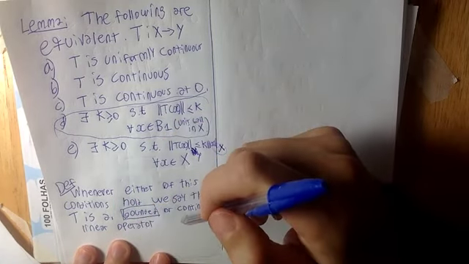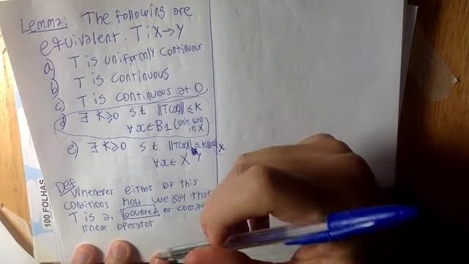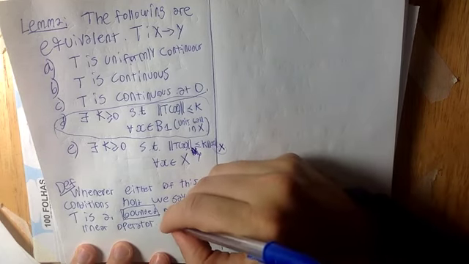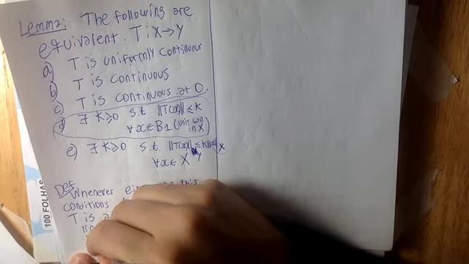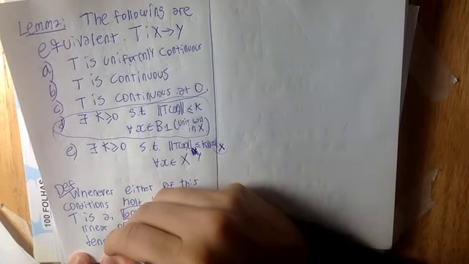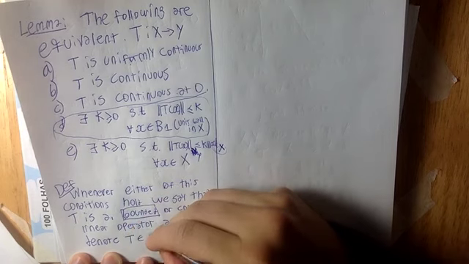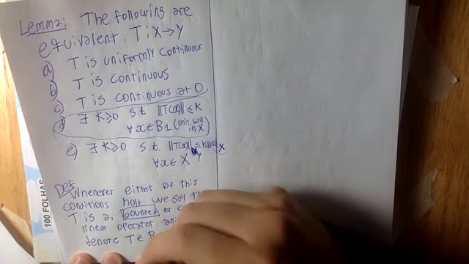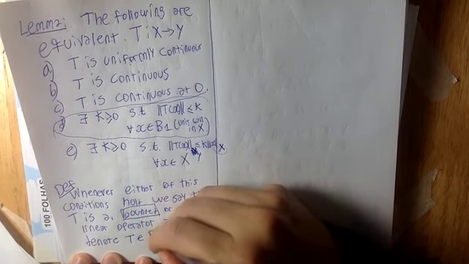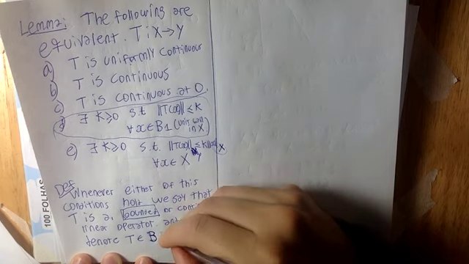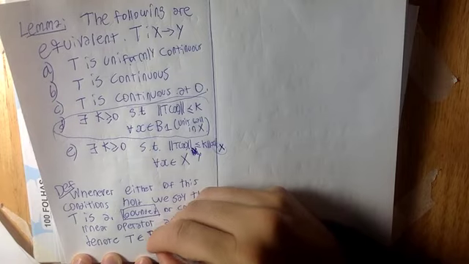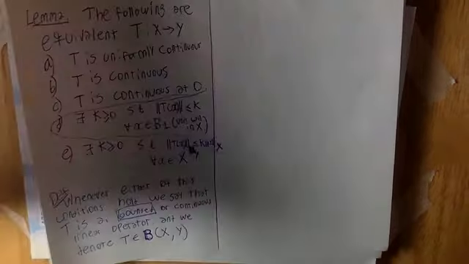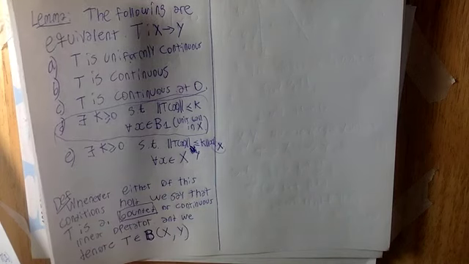T is a bounded or continuous linear operator, and we denote it by T belongs to B(X, Y), the bounded linear operators from X to Y. So B from X to Y is given by this.